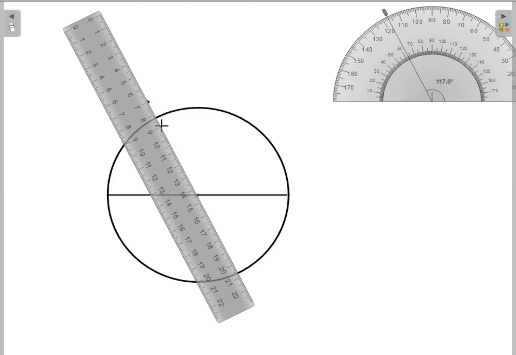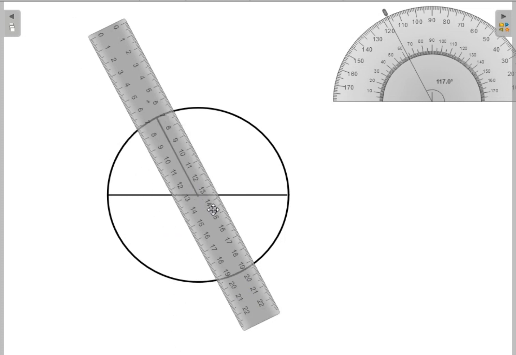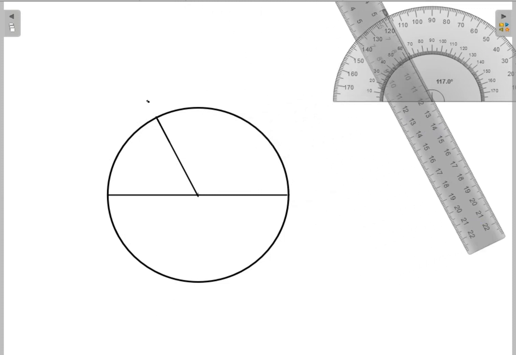Make sure it coincides with this point you've marked. Now let's remove it. After we've removed it, we use our eraser to clean this point that we've drawn. We don't need it any longer.